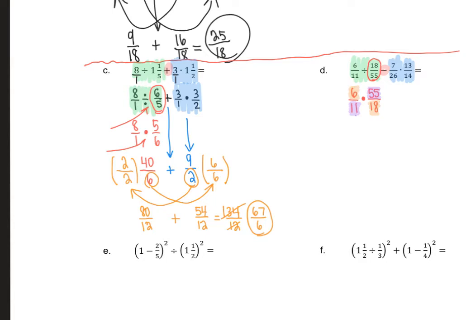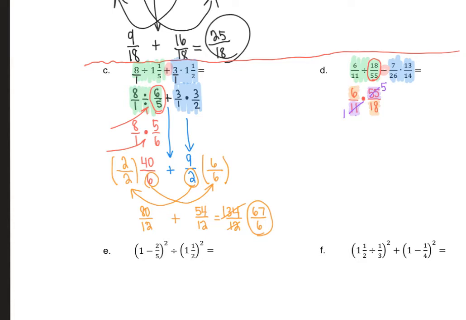So 11 and 55 have a common factor. That factor, again, coming back, when I divide both of those by 11, 11 divided by 11 gets me 1. 55 divided by 11 gets me 5. You want to keep what your answer is.